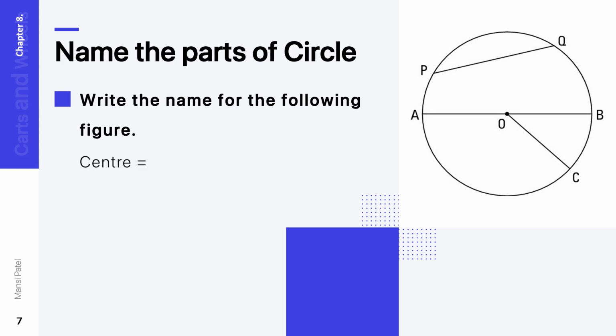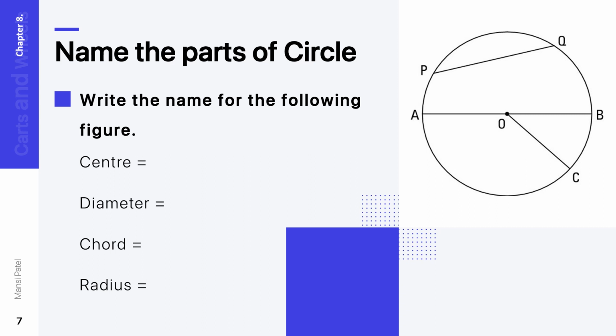First, what is the name of the center. Then you have to write down the name of the diameter, then the name of the chord, and after that the name of the radius.